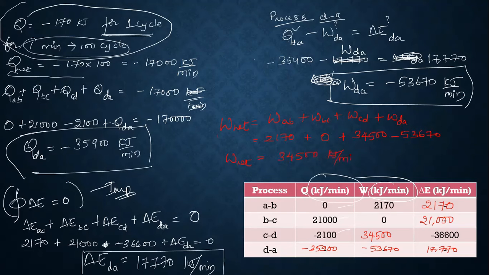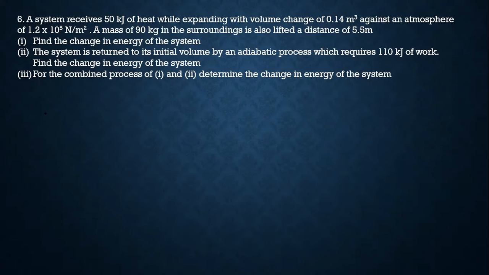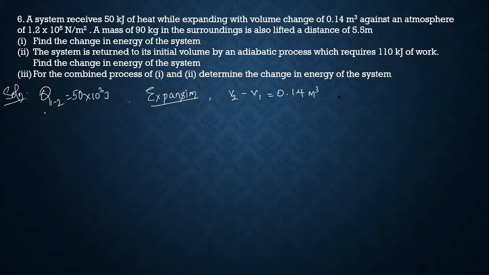Therefore, net work transfer is 34,500 kilojoules per minute. Next problem: the system receives 50 kilojoules of heat, that is Q1 to 2 is 50 kilojoules, while expanding, that means the process is an expansion process, with a volume change of 0.14 meter cube, that means V2 minus V1 is 0.14 meter cube, against an atmospheric pressure of 1.2 into 10 to the power of 5 Newton per meter square.